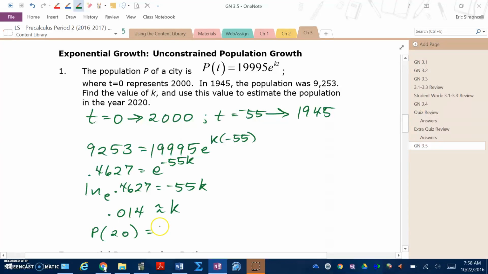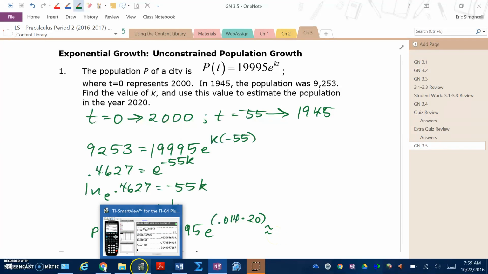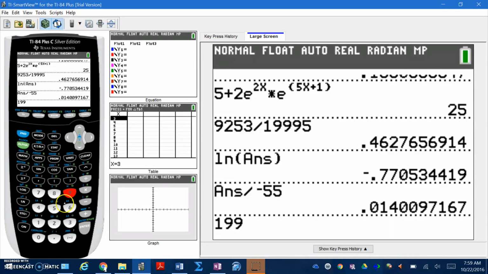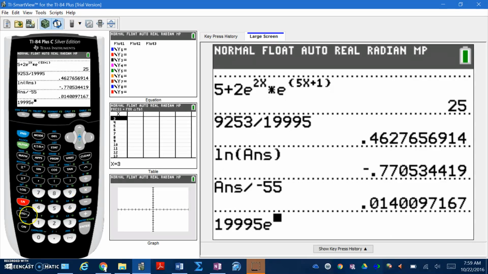Of course, P of 20, back in my original equation, is what I'm going to utilize. So I'll say P of 20 equals 19995 e to that same k value. Again, don't round. We're going to use that same decimal times 20 power. Let the calculator do its thing. So we'll type in 19995, hit second natural log, and then raise that to the second answer times 20.